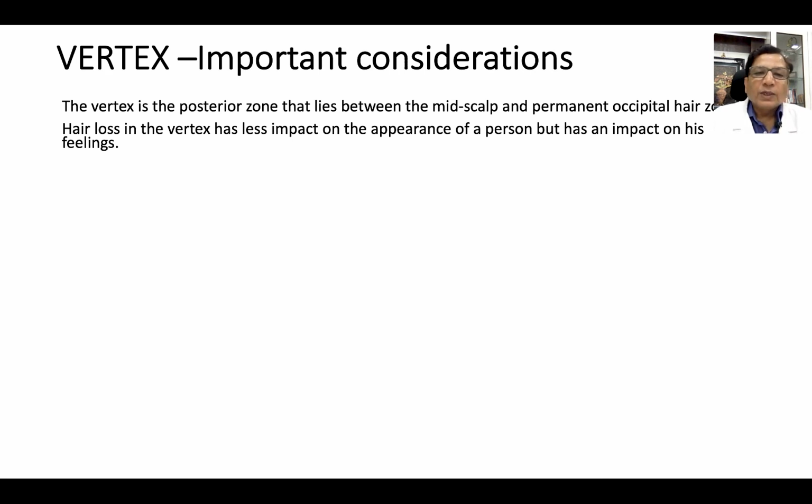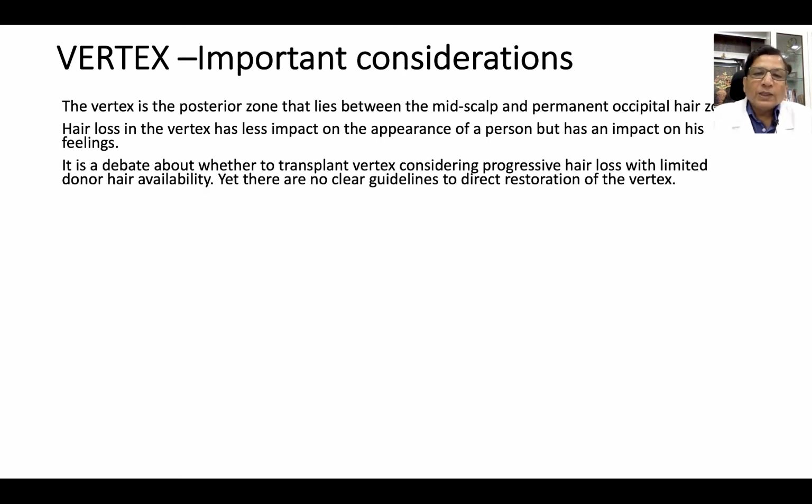Hair loss in the vertex has less impact on the appearance of the person but has a great impact on the feeling. It's a debate about whether to transplant the vertex considering progressive hair loss with limited donor hair availability. Yet there are no clear guidelines to direct the restoration of the vertex.